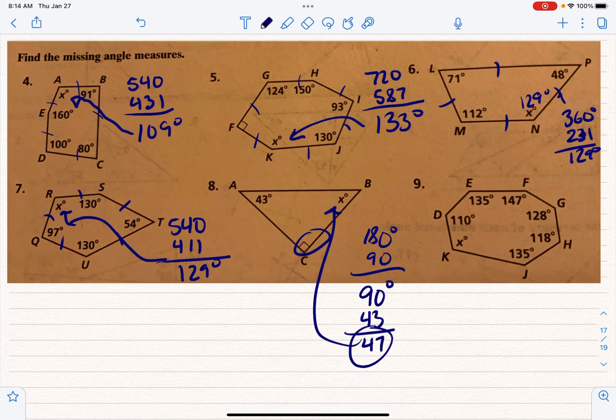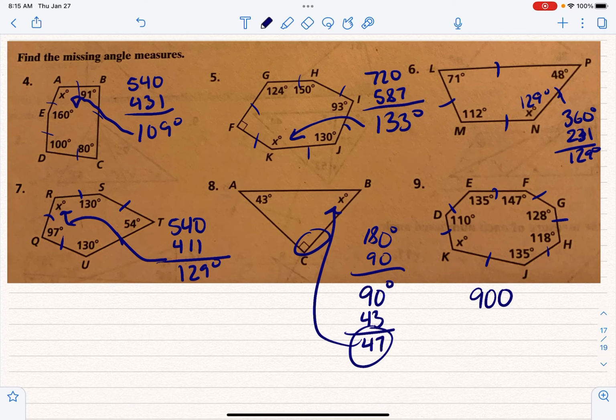And the last one has got 1, 2, 3, 4, 5, 6, 7 sides. 7 minus 2 is 5. 5 times 180 is 900. So they got a total of 900. So 110 and 135 is 245. Plus 147 is going to be 392. Plus 128 is going to be 520.